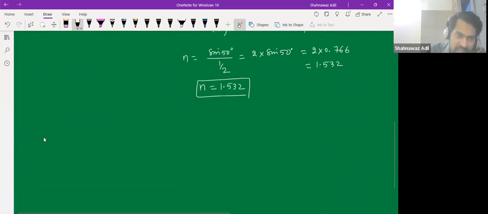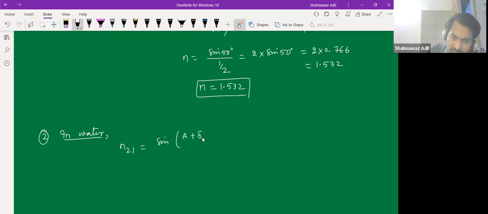For the second case, in water, N21 is sine of (A plus the new delta M) by 2 divided by sine of A by 2.